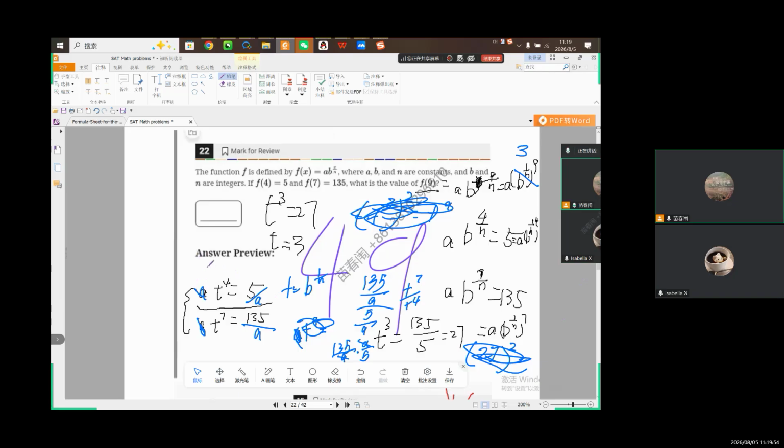I'm not finished because I can't find A. 3 to the power of 4, times A. That's a massive calculation. A equals 5 over 81.